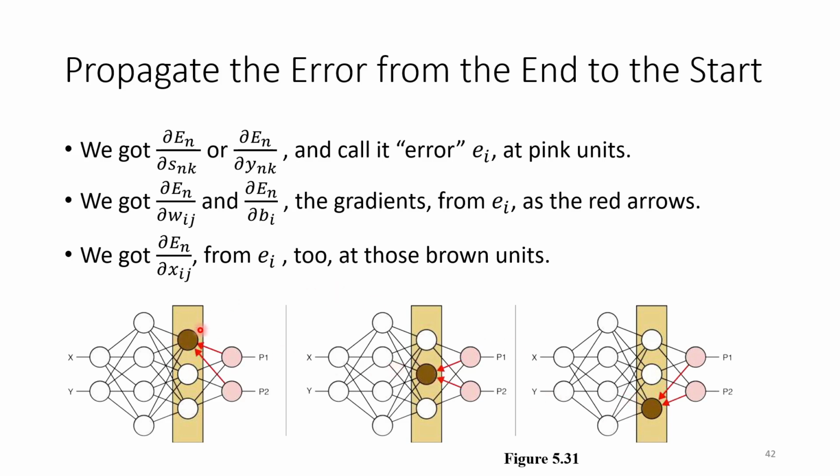So their values are dE/dx_ij. Layer by layer, from the latter layer to the previous layer and then the previous layer, so that we can calculate the derivative of the error with respect to every weight in the network. So this is the backpropagation.